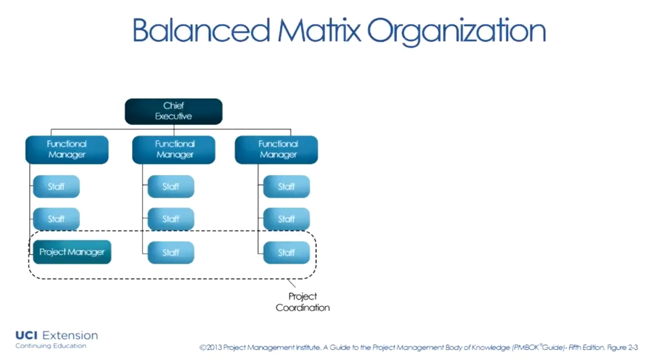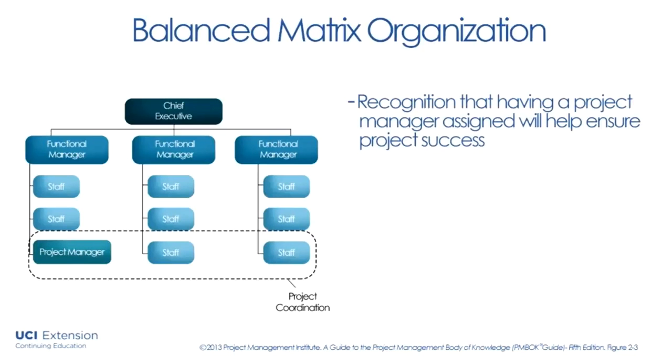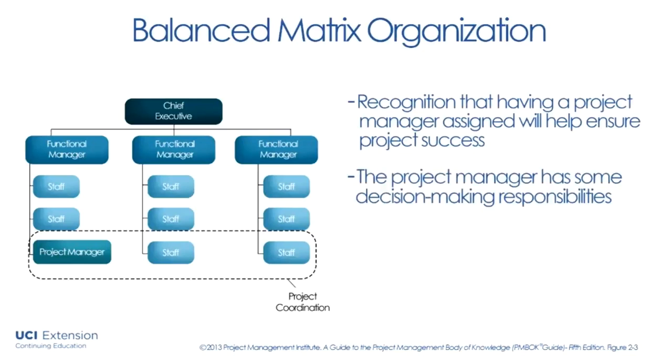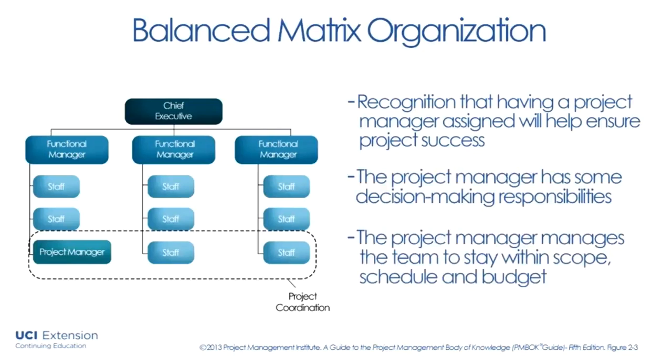Within the balanced matrix, there's a recognition that having a project manager assigned will help to ensure success, and that project manager has some decision-making responsibilities, but so does the functional manager. The project manager manages the team to stay within scope and schedule and budget, and the functional manager will make decisions as to who does the work and how that work is to be accomplished.